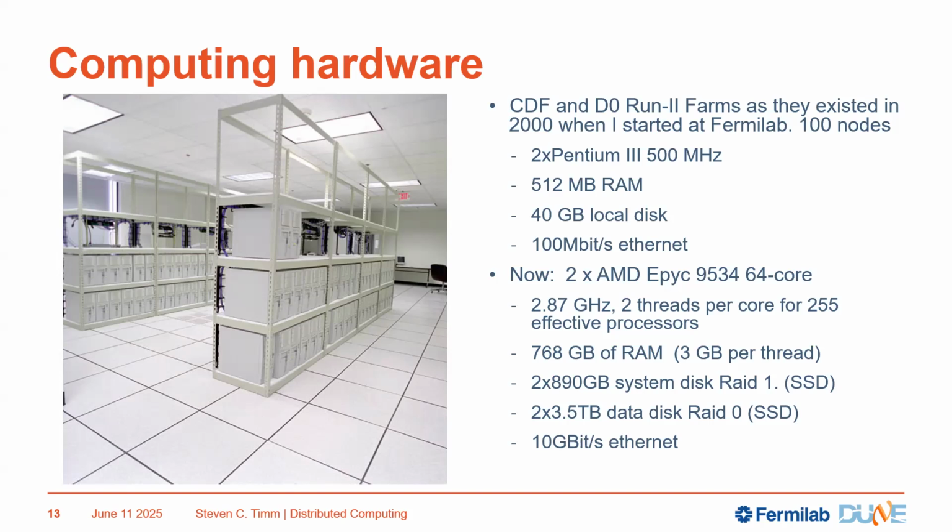The latest node we bought is 2 by AMD EPYC processors, 64 cores, 2.87 gigahertz, 2 threads per core, but from 255 effective processors, 768 gigs of RAM, 2 by 890 system disk in RAID 1, and 2 by 3.5 data disk. These are SSDs. And a 10 gigabit per second Ethernet.